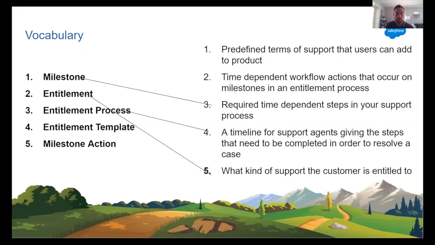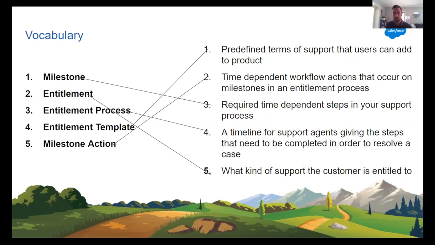And number 1 is going to be entitlement template and then 5 milestone action. This is what I mean. It's really confusing, especially when you have 3 things that have entitlement in their name. So I would guess on the test, that's going to be the big thing, is making sure you know the difference between that entitlement process, entitlement template. They all sound the same, but they all are a little bit different.